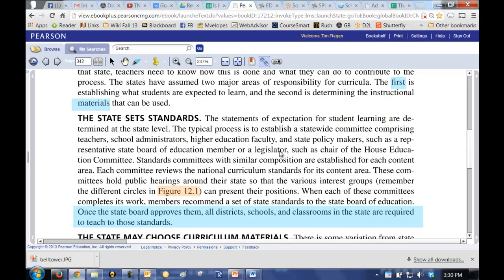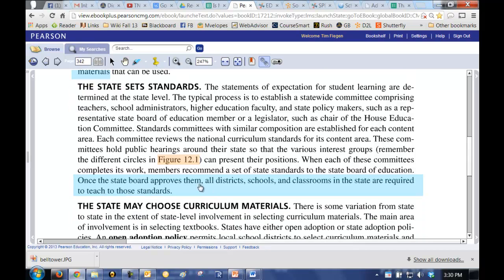First of all, setting the standards. Once the state board approves all these input things, then all districts and classrooms in the state are required to teach those standards because the state has that responsibility.